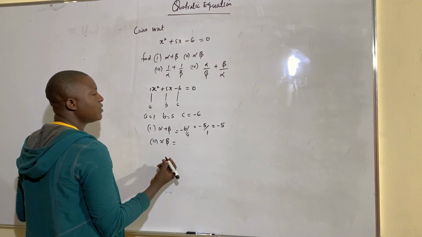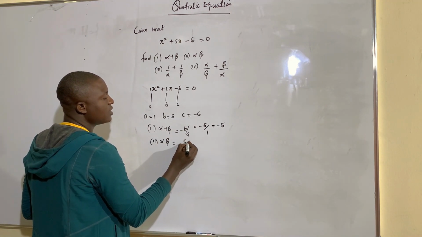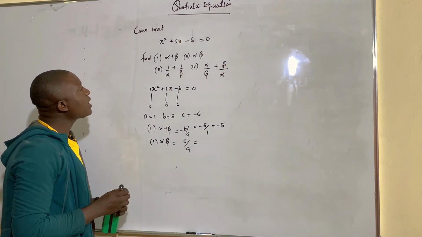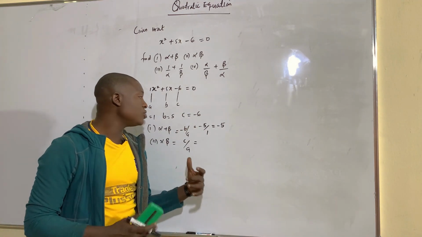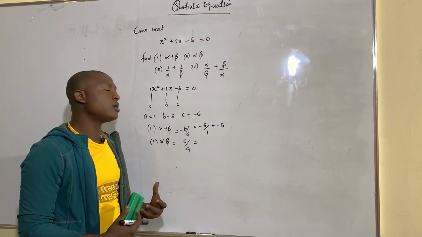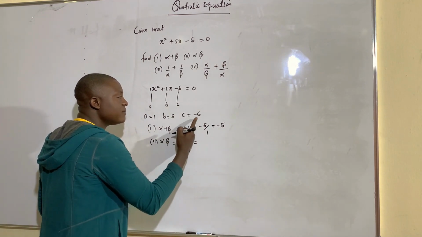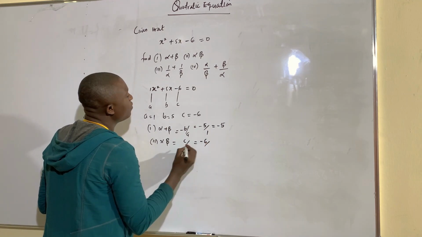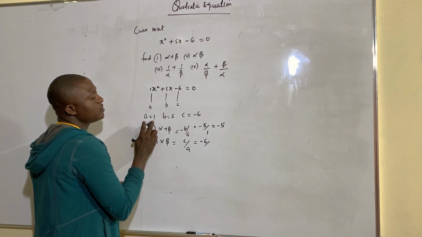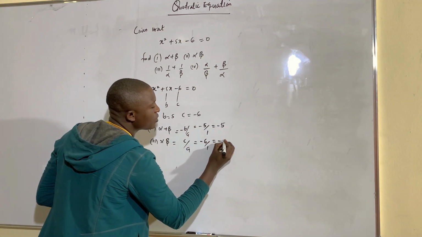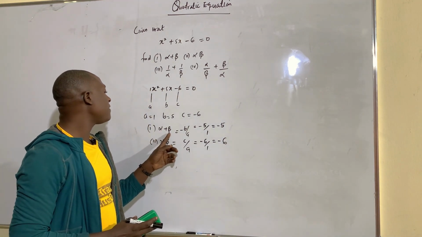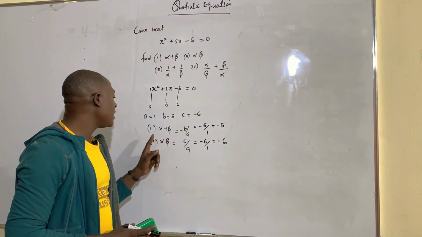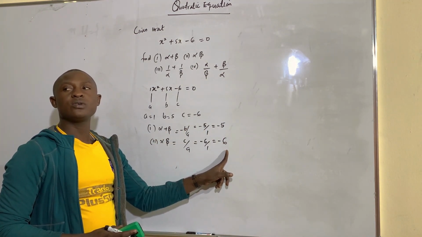We derived that alpha beta is always C over A. But if you look at C here, it has a minus. If it has a minus, it doesn't mean that we remove the minus. We put the minus there as well. So my C is minus 6 over our A, which is 1. Of course, we are going to have minus 6. So that means our alpha plus beta is minus 5 and our alpha beta is minus 6.